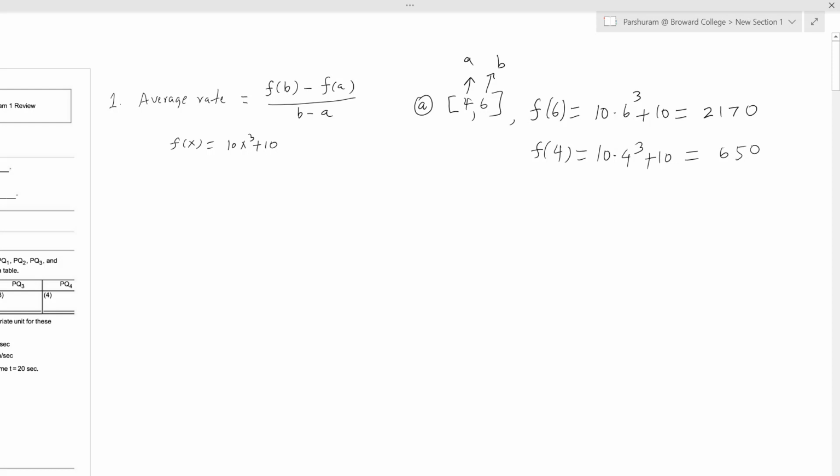So now we have a formula, so we just have to use that formula for finding the average rate of change.